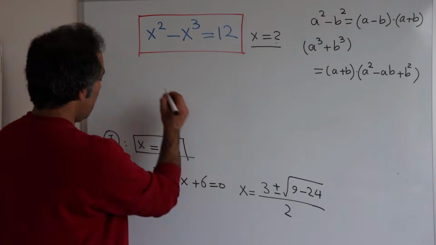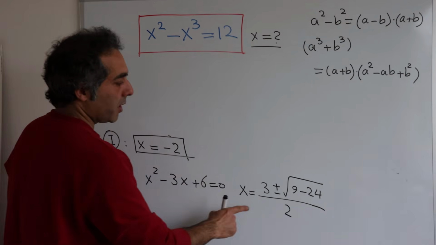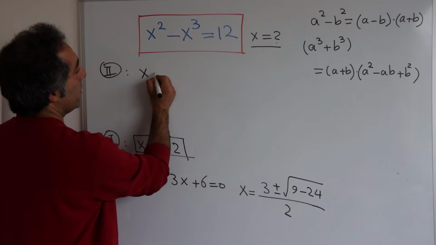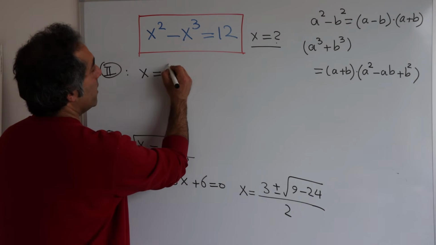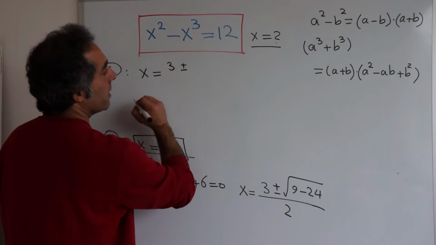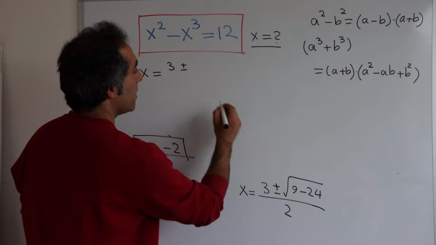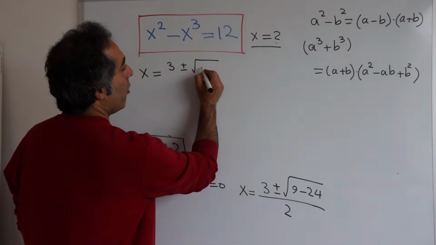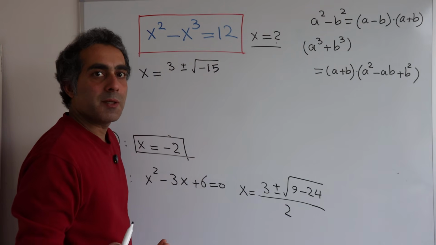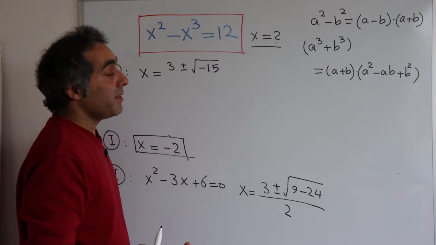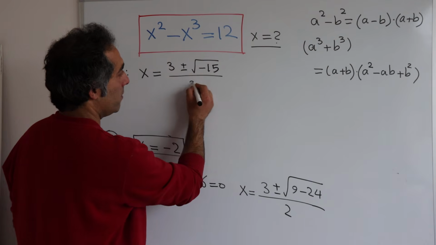Okay, so for the second solution you have x equals to 3 plus minus the square root of 9 minus 24, which is minus 15, a negative number under the radical, over 2.